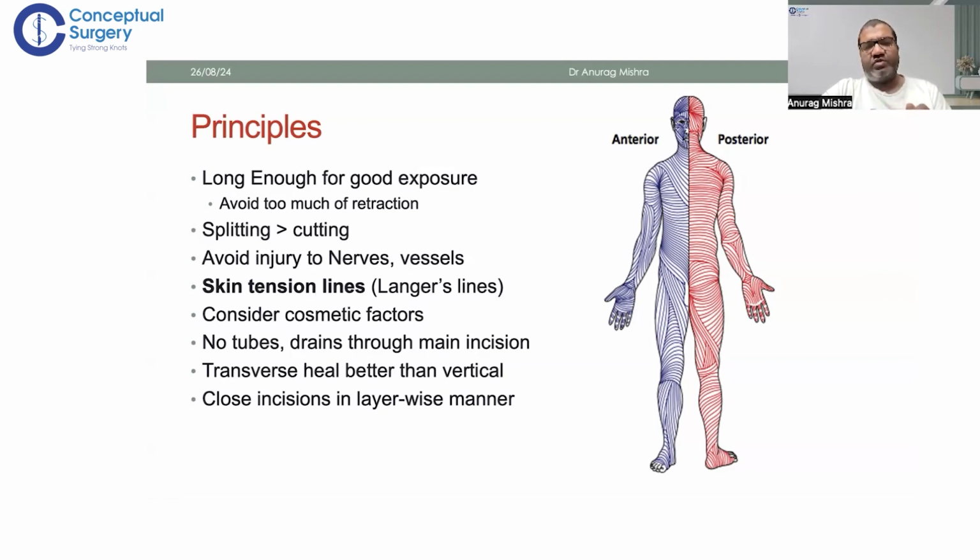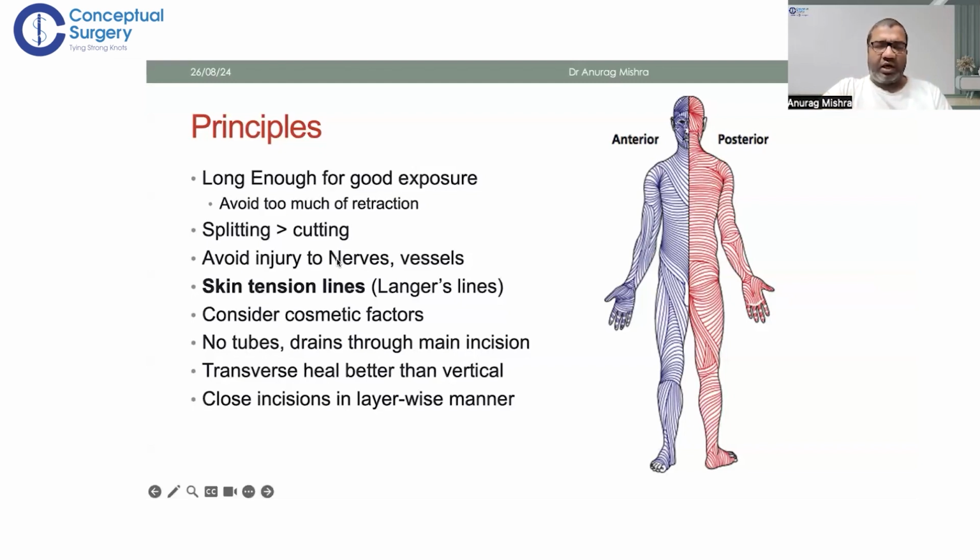Muscles after a stretch do not heal very well, whereas after cutting, repairing them and suturing them back leads to very good healing. Also, while applying traction, we leave behind a lot of dead tissue, which can lead to collection and infection. So the rule is to give as big an incision as you need, rather than giving smaller incisions and then struggling and putting too much pressure on retraction.